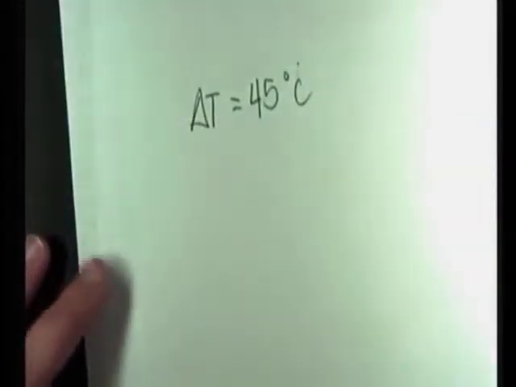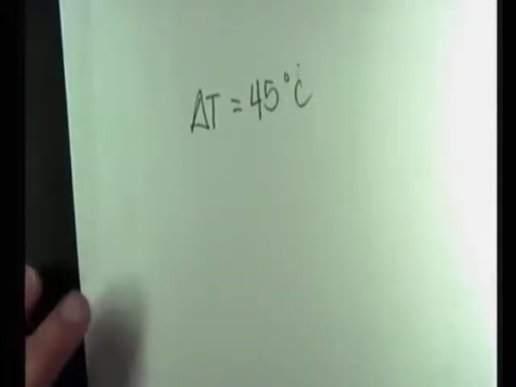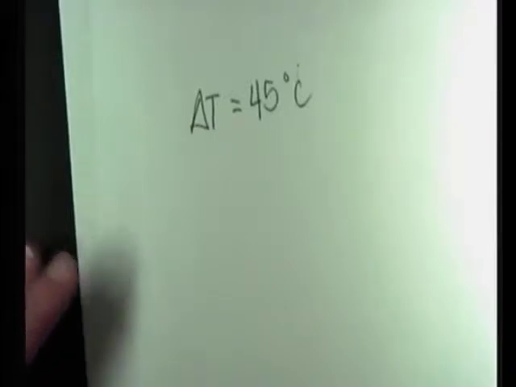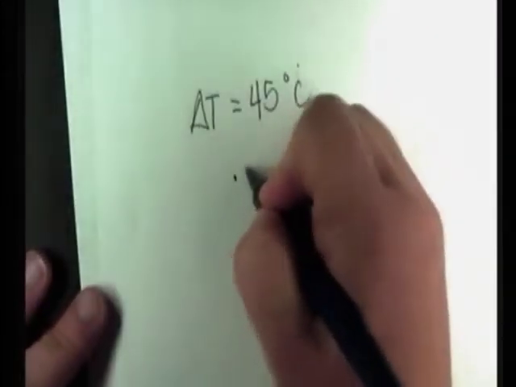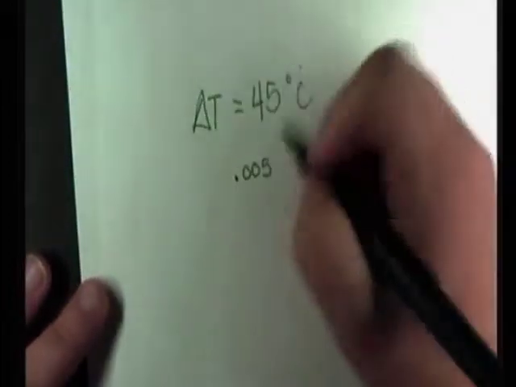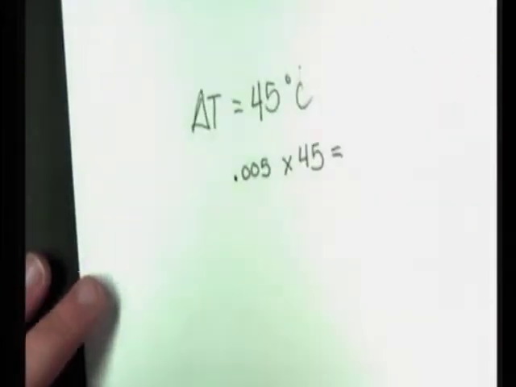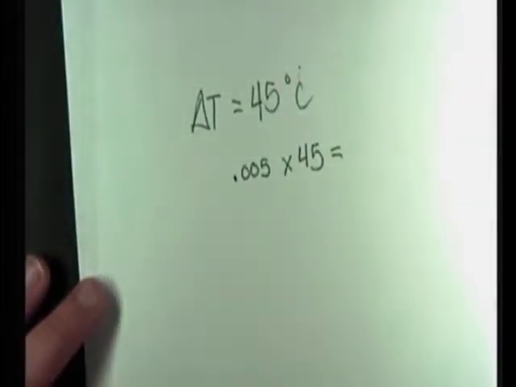Okay, so then we have to say, for 45 degrees delta T, it's going to change 1/2 of 1% for every degree. So that number that we used was 0.005. 0.005 times 45 is what? Anybody want to tell me? I got it. 0.225.